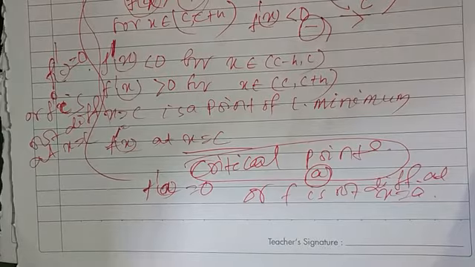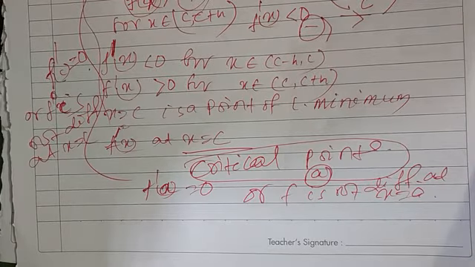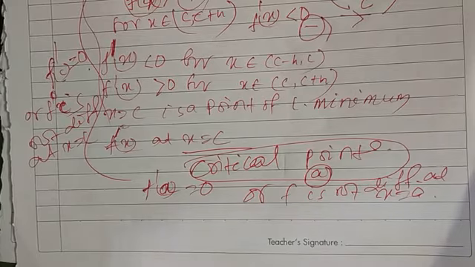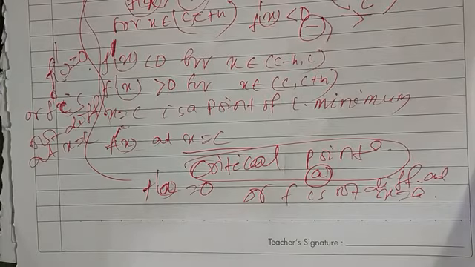Either the function is not differentiable, or if differentiable, its derivative is 0 there at the critical points. So before checking maximum or minimum for a function, we need to find critical points. हमको critical points find करना होगा. Okay, we will summarize the things in our next video.